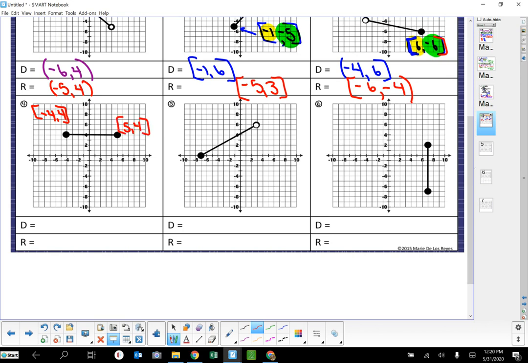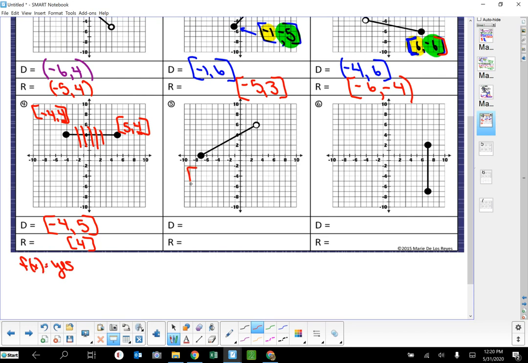Okay, so my domain goes from -4 to 5, bracket on both. My range is the same exact value, so I'm just going to have a 4 in my range. Okay. If I asked you if this was a function, what would you say? Function, yes.